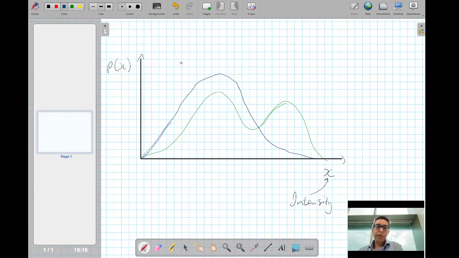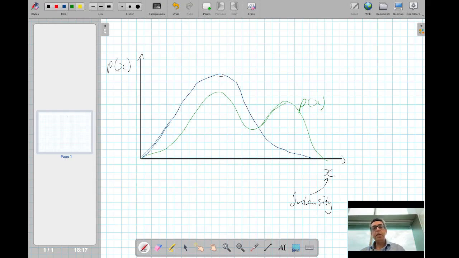The way that we produce this is similar to the way we produce the green trace. By the way, I should express what the green trace is. The green trace is our P of x, a probability density function of intensities for the pixels in the image. The blue trace is the same thing, but done only for the background pixels.